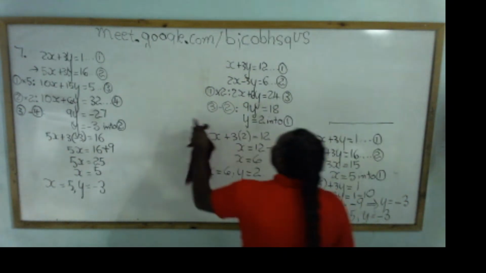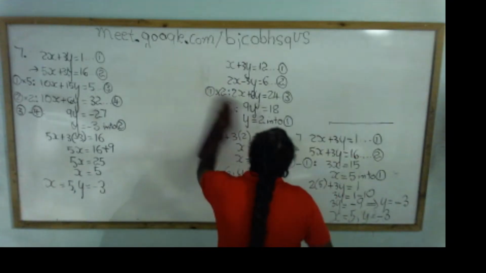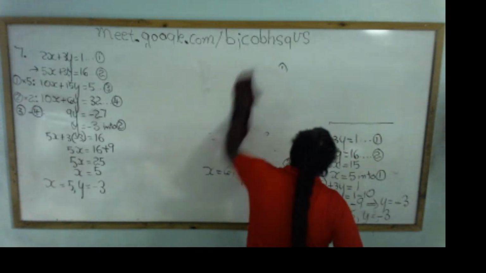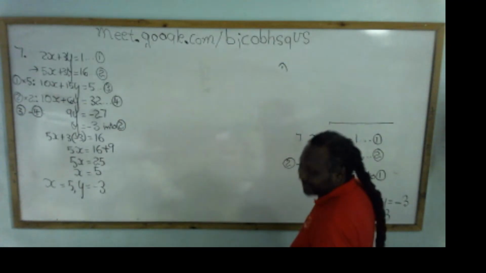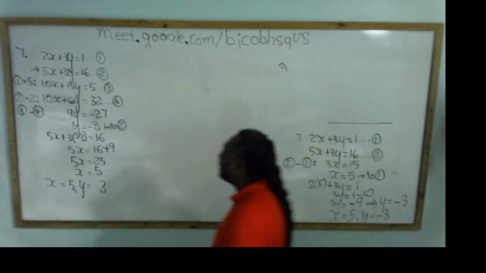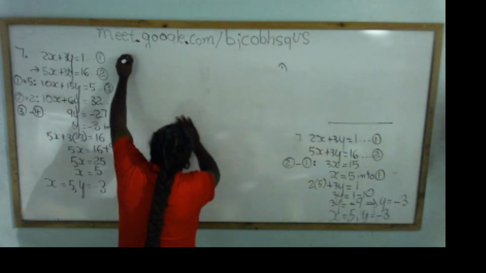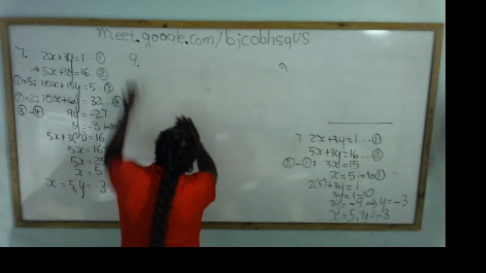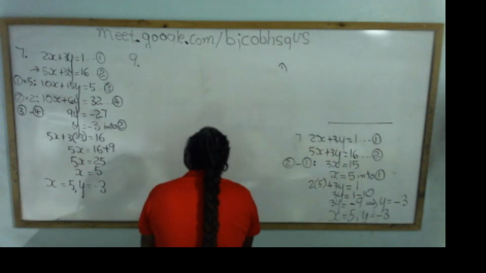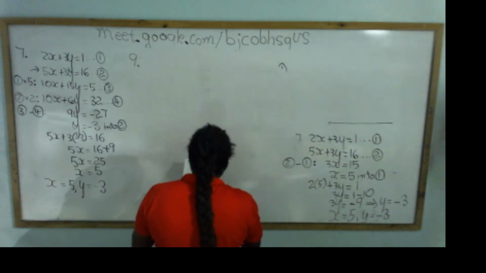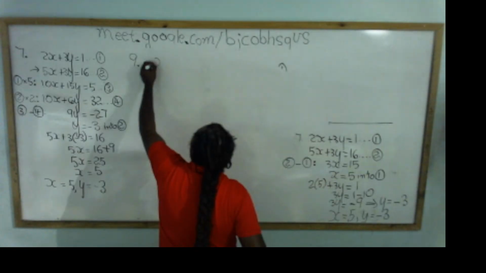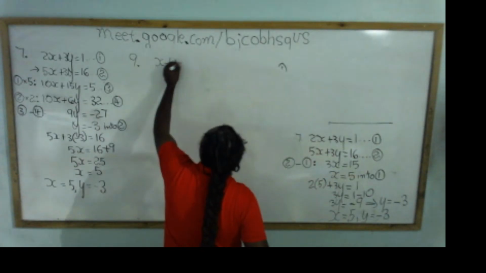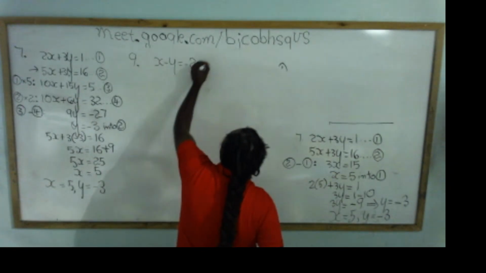The second take of number 9 will go right there. So let's put in our favorite. This is a very nice set, number 9. I like this one. x minus y is equal to negative 2. That is your equation 1.